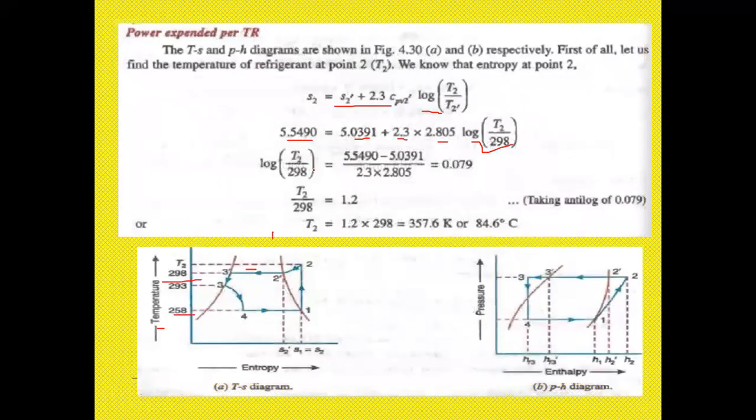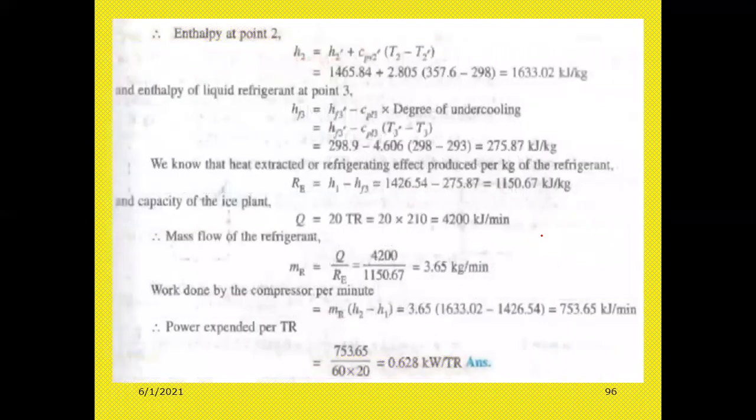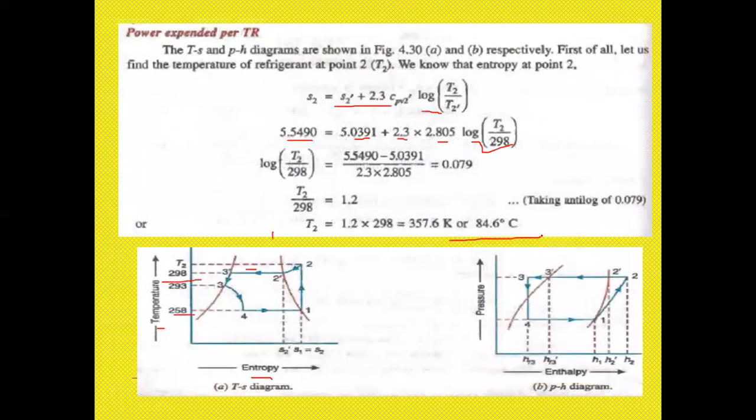by solving this, finally we got the T2 value equal to 1.2 into 298, that is equal to 84.6 Celsius. If you see the diagram here, HF3, H1, H2, H3, T1, T2, T3, T4, you are getting the points like this.